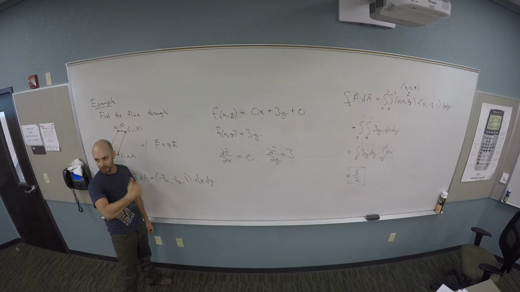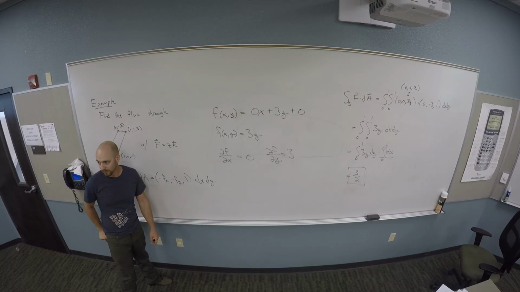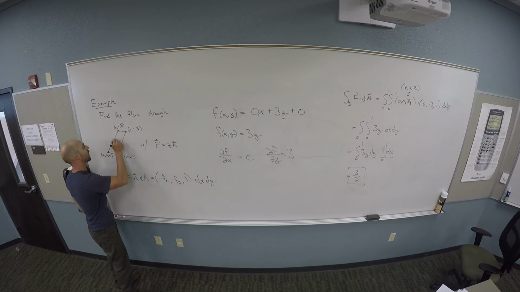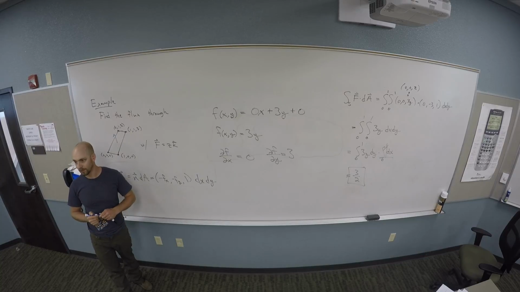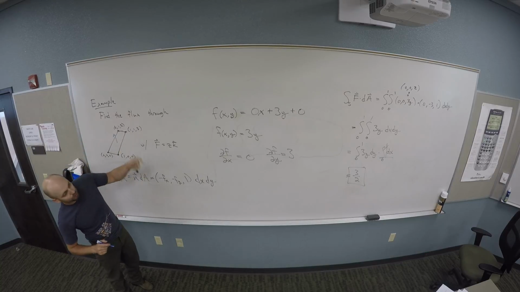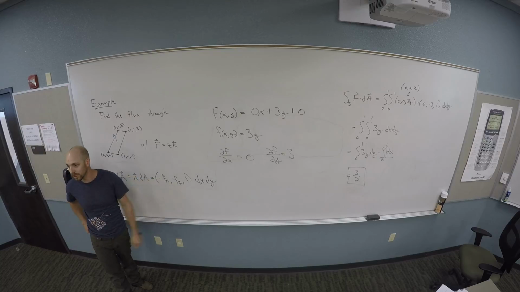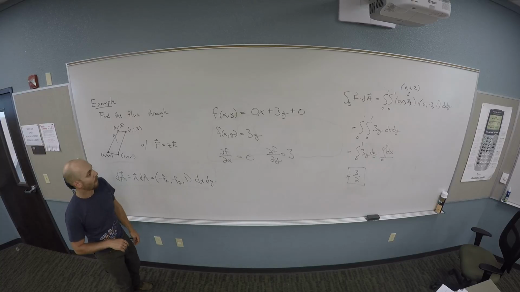So that's, by the right-hand rule, a thing that sticks up out of this. So I'm taking the flux that goes up through this. You guys see that? So the total flow through this thing is 3/2 units, and that's a tendency to go up, right?